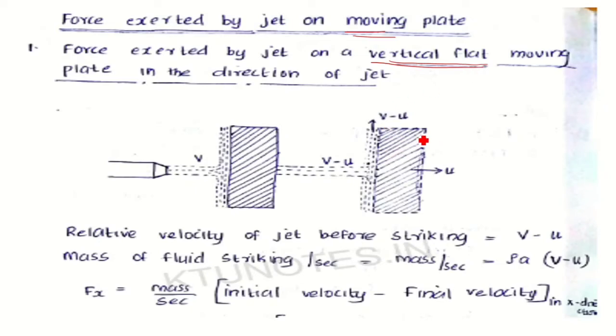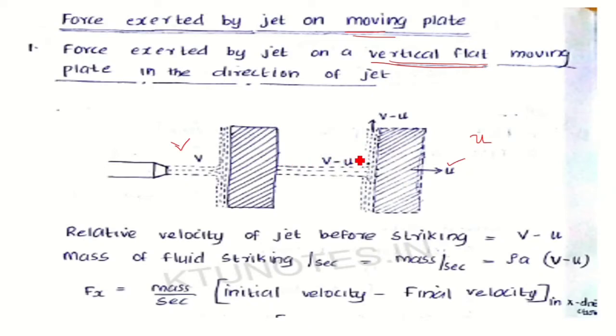The plate is not fixed and is moving with a velocity u, and the jet of water coming out from the nozzle is with a velocity v. So v is the velocity with which the jet of water comes out from the nozzle and u is the velocity of the plate.